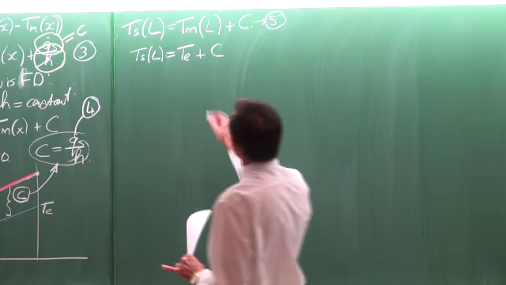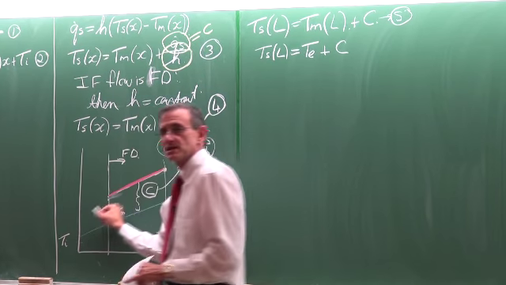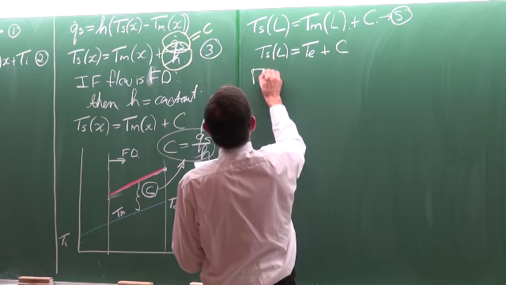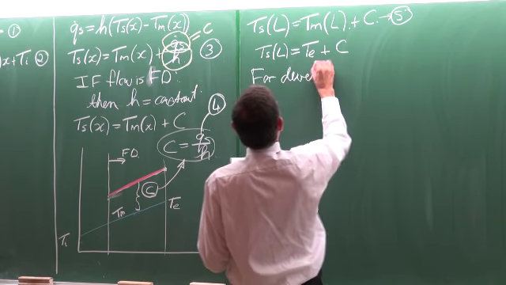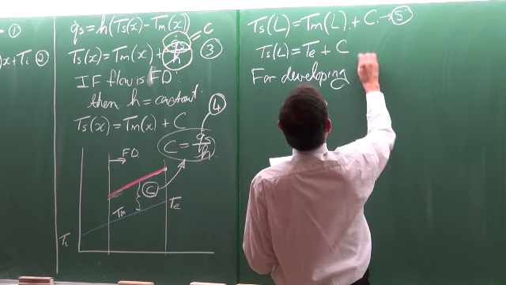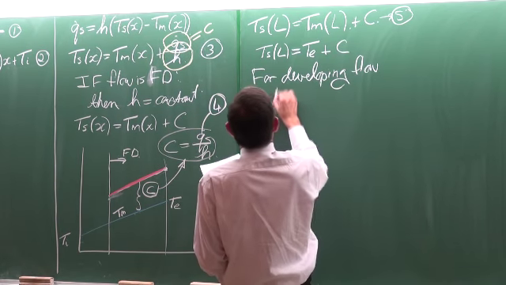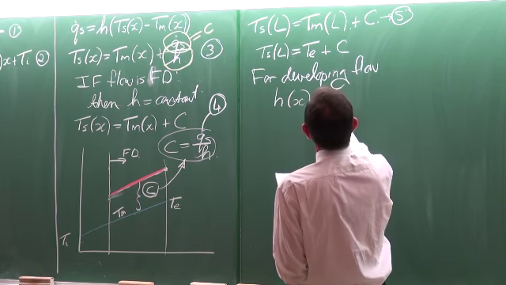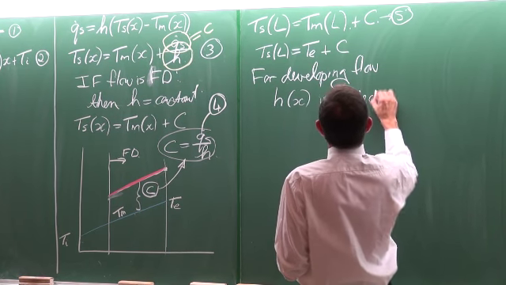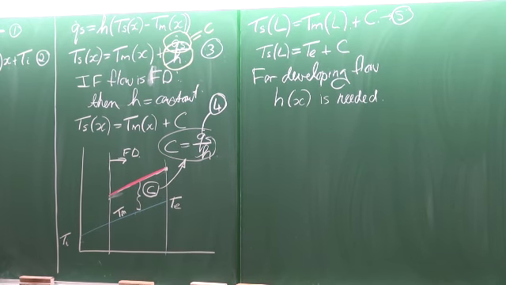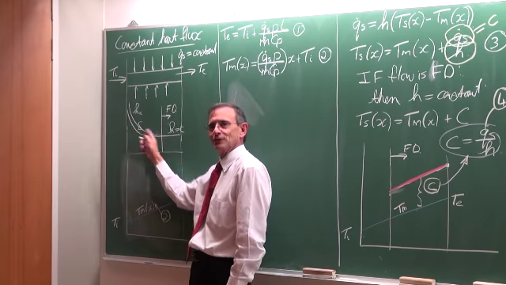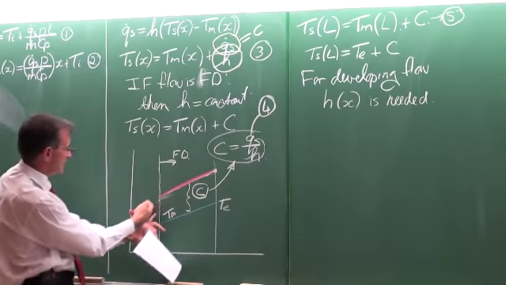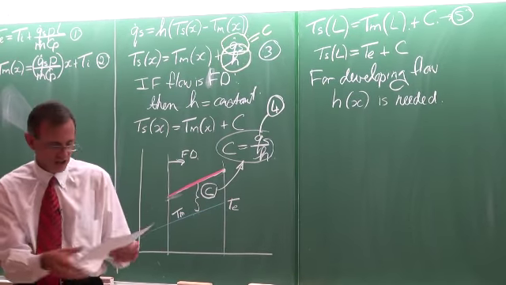Right, so we see that we can solve that. Now how can we solve the rest? For the developing flow, the heat transfer coefficient as a function of x is needed. If you know how the heat transfer coefficient behaves in the developing region, then it's very easy to complete the rest of the calculations.